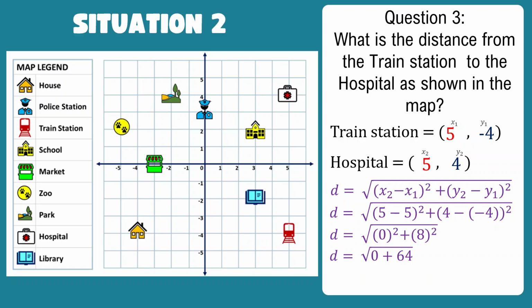Add 0 and 64, we have 64. The square root of 64 is 8, because 8 times 8 is 64. So the distance from the train station to the hospital, as shown in the map, is 8 units.